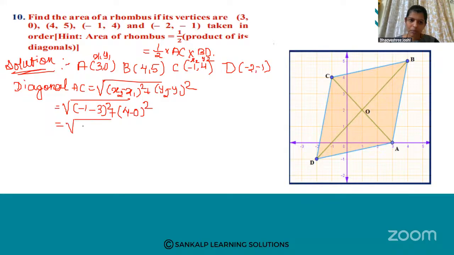So minus 1 minus 3, that is minus 4 whole square plus 4 square. Minus 4 square is 16 plus 16, that's equal to root 32. Right? Root 32 can be written as, how can we write this further?